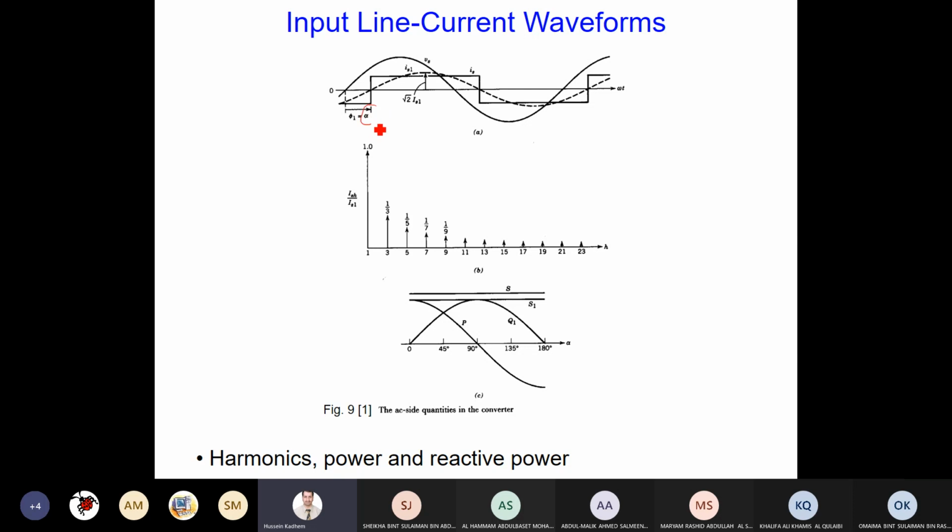You can see alpha is making a delay. It's like a phase shift, we can call it phi 1, the phase shift between voltage and current. And you can see here, similar to the diode, the triple harmonics are still there, which is expected for single phase.